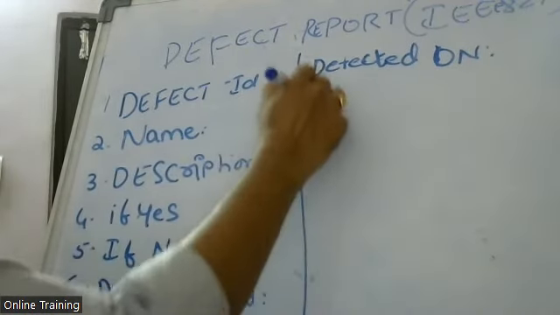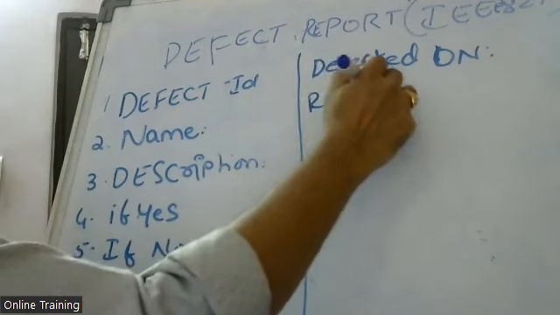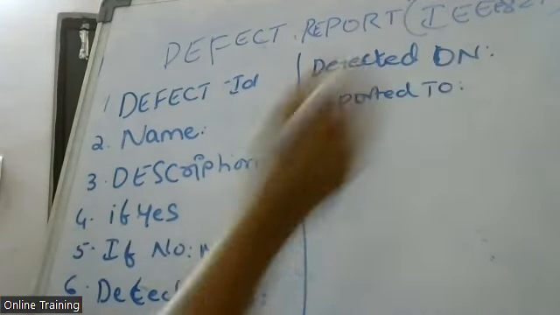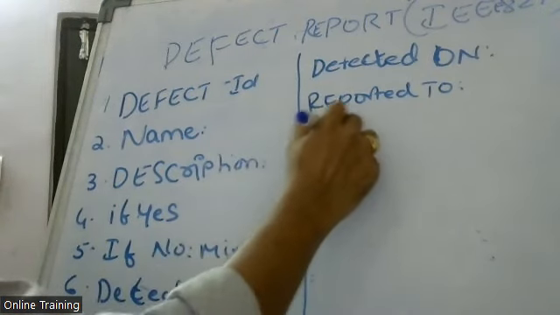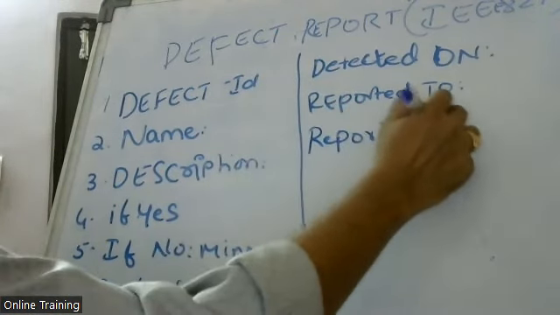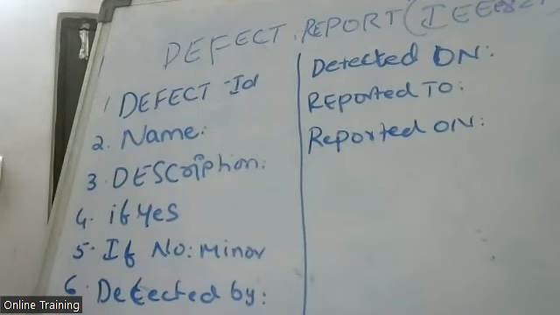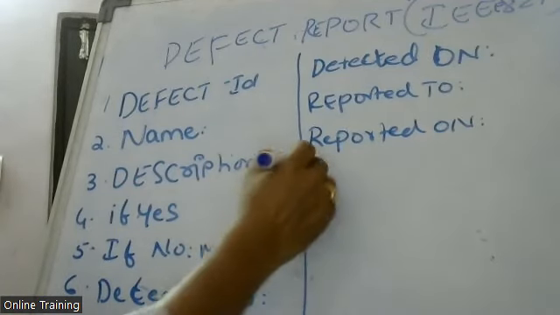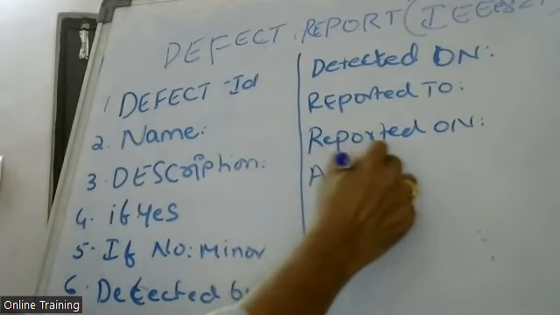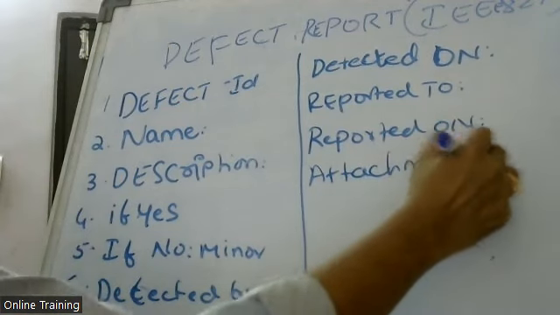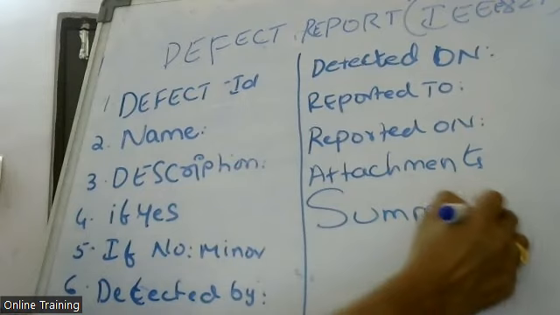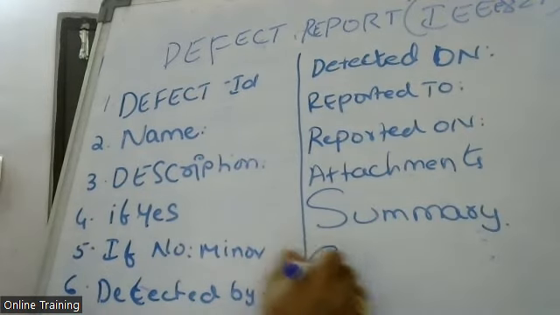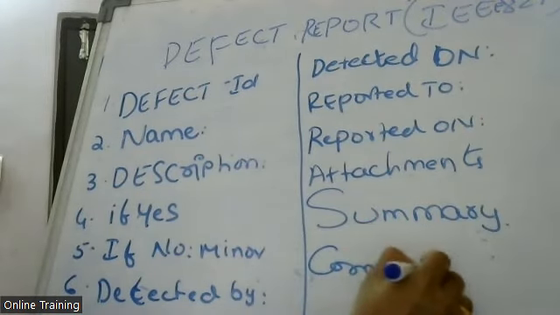Next, reported to: to whom are you going to report? The developer, name of the developer. Next, reported on: on which date we report to the developer. Next, attachments. Summary. Next, comments, extra comments.